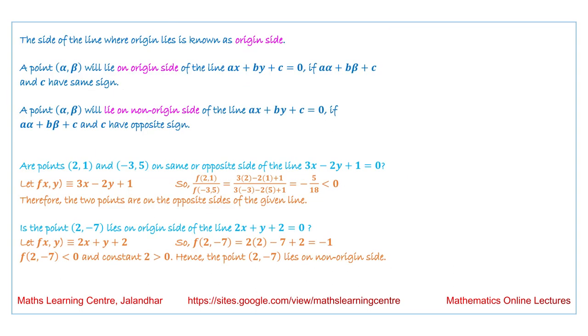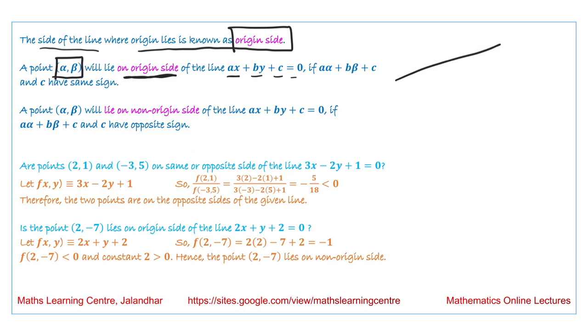Next, the side of the line where the origin lies is called the origin side. So we are saying a point alpha comma beta will lie on the origin side of the line ax plus by plus c is equal to 0. We have a line over here. Suppose the origin is on this side. This is the point 0 comma 0.